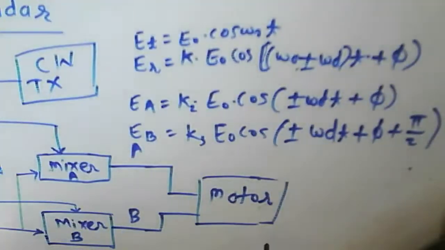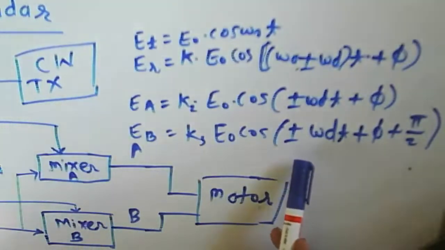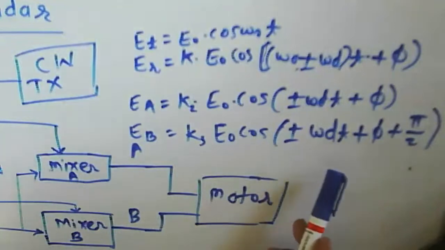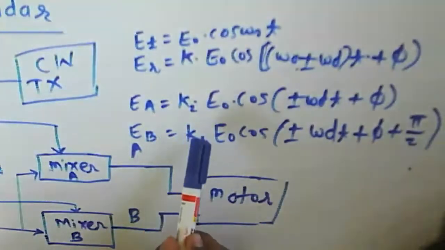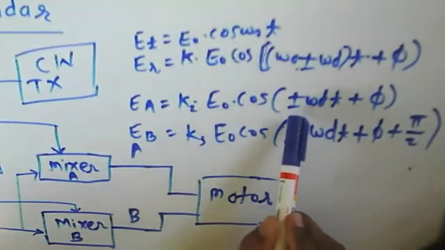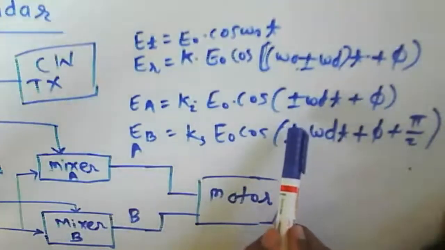Then if that target is approaching, in that case there will be a positive value. Omega d will be positive. So in that case, EA and EB both will be positive.